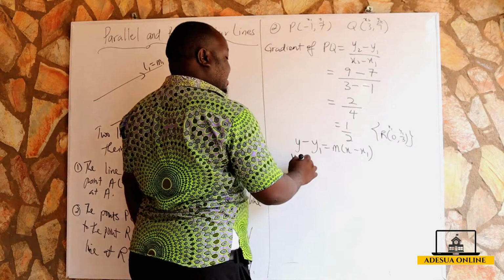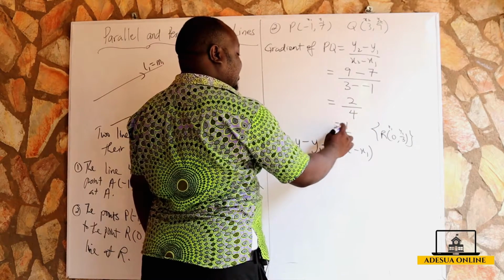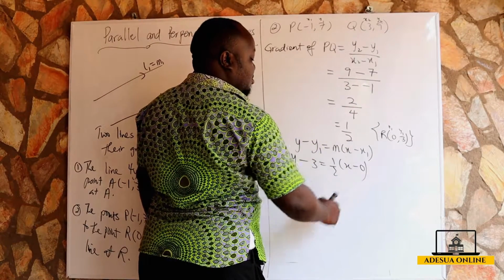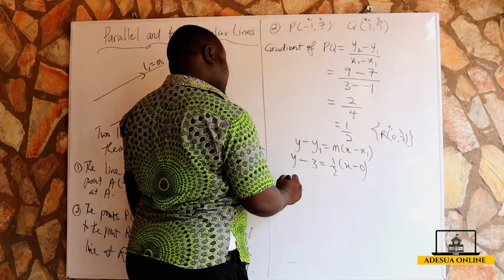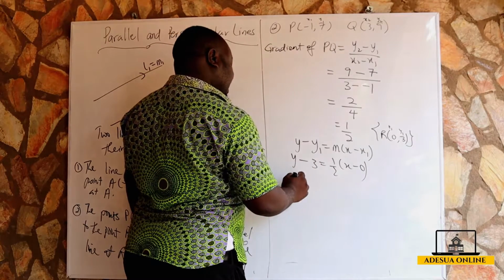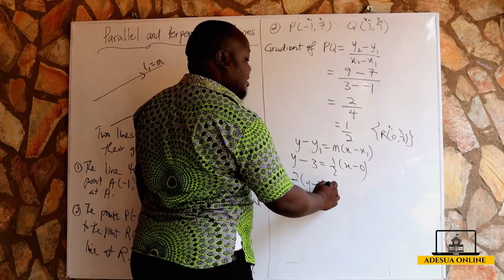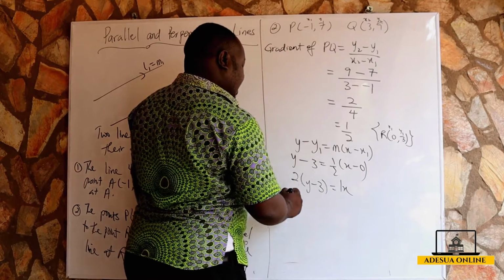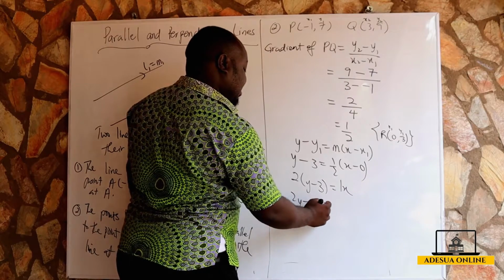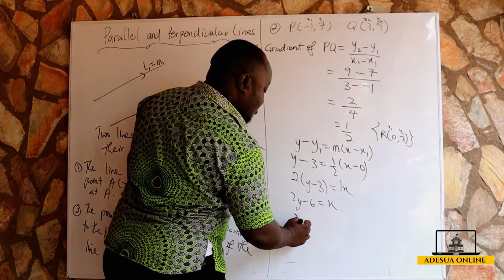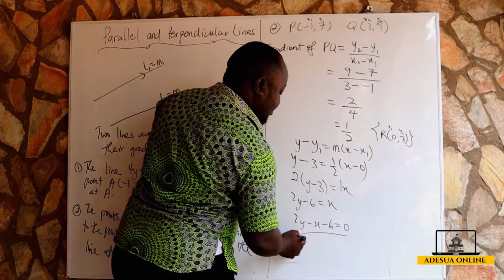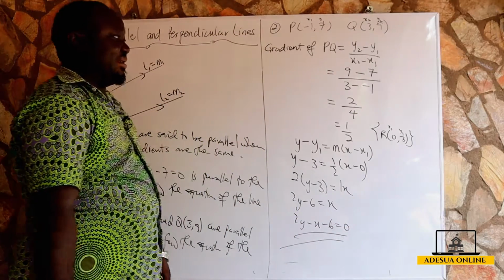So we have y minus 3 equal to the gradient 1 over 2 times x minus 0. We multiply by 2. We have 2 into y minus 3 equals, when you multiply this by 2, you are left with 1x. So we have 2y minus 6 is equal to x. So 2y minus x minus 6 is equal to 0. This is the equation of the line.